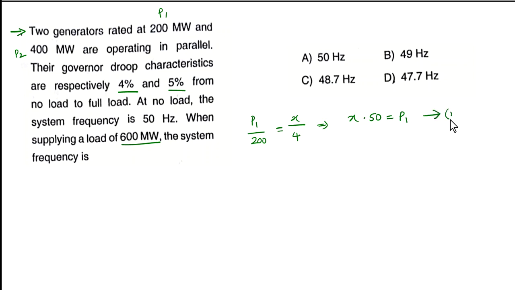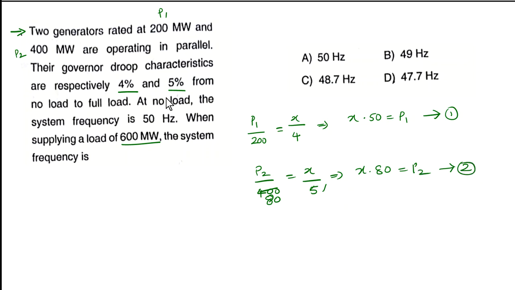Let this be equation number 1. Similarly for generator 2, P2 is going to deliver 400 megawatts, which is x divided by 5 percent droop, so x into 80 is equal to P2. Let this be equation number 2.